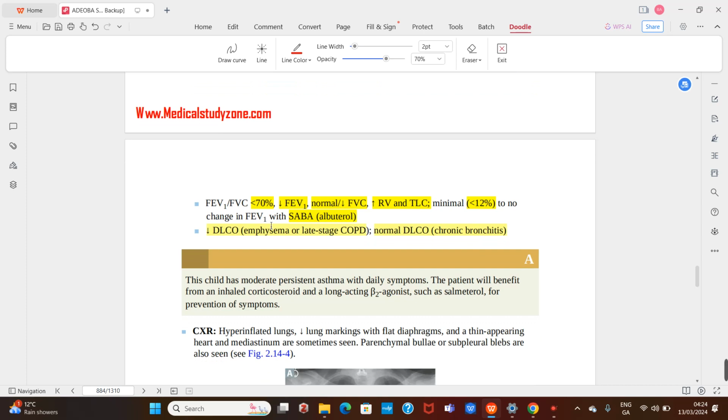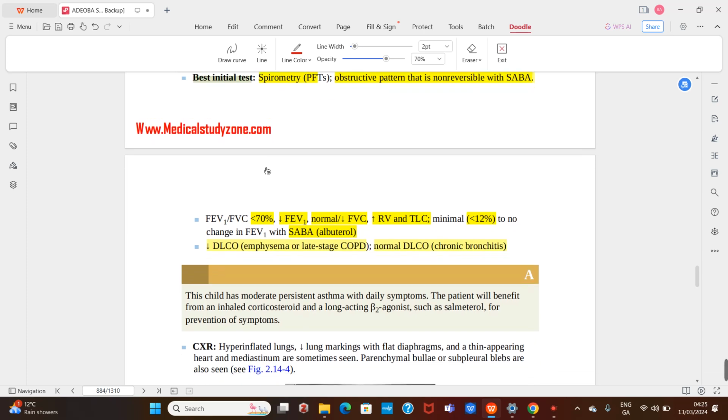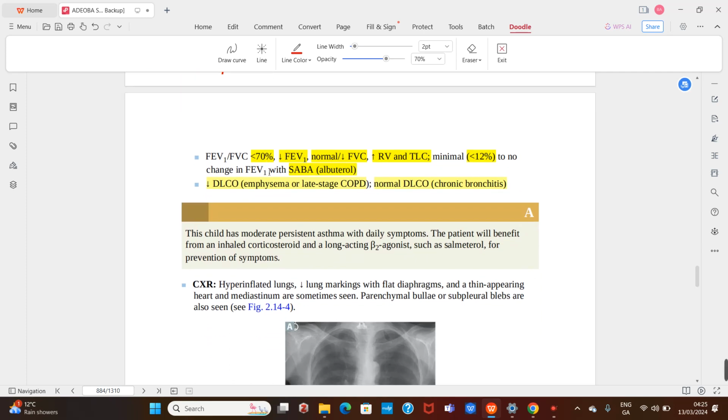So what else do they usually put there to narrow down the diagnosis? You look at the DLCO. After you have seen the FEV1/FVC ratio less than 70%, you have seen your RV and total lung capacity increased, and the improvement after SABA is less than 12%, you know that this is COPD. But what type of COPD? Is it chronic bronchitis or emphysema?